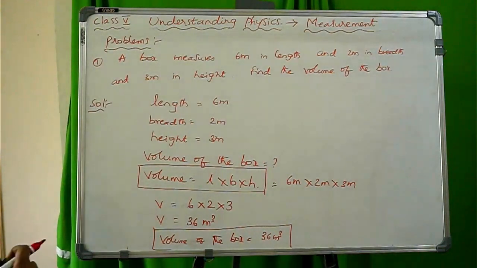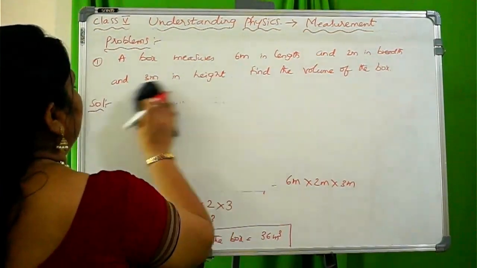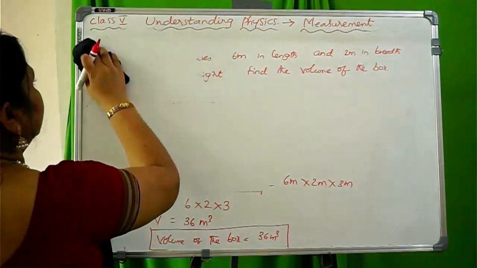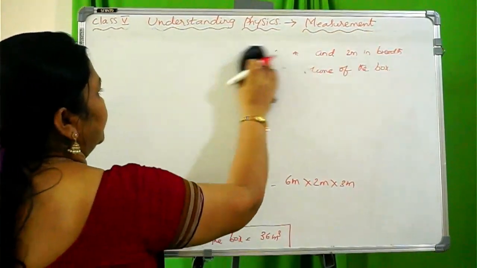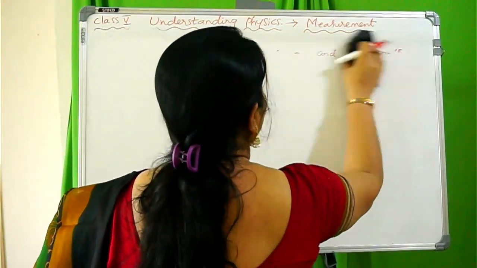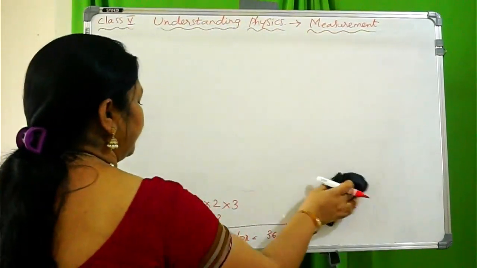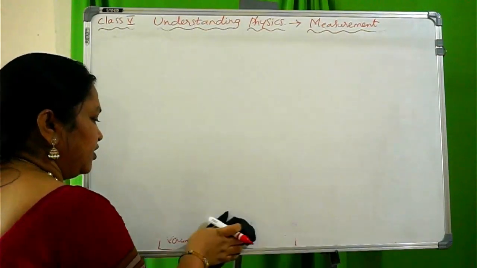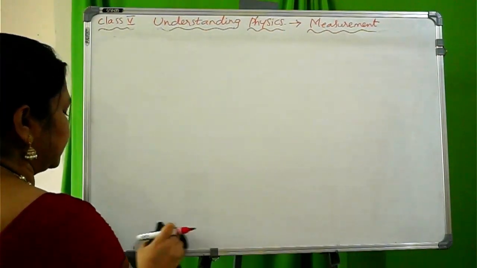Now let me do the next problem. Are you learning the formulas or not? What are the formulas up to now? I taught for you. Try to learn the formulas, and even units also. Units, formulas, values. Without knowing the measurement, you cannot understand the next concepts, whatever we are going to discuss.